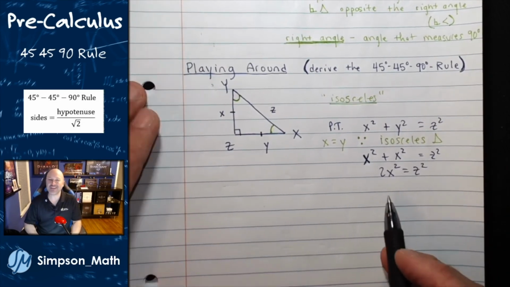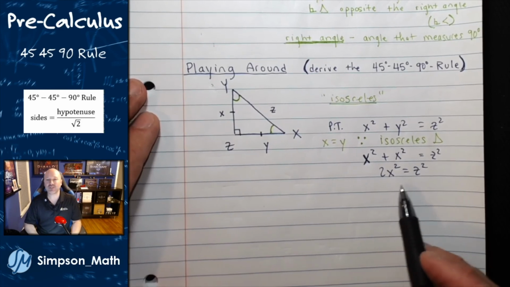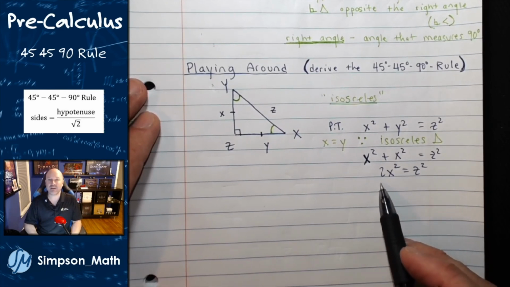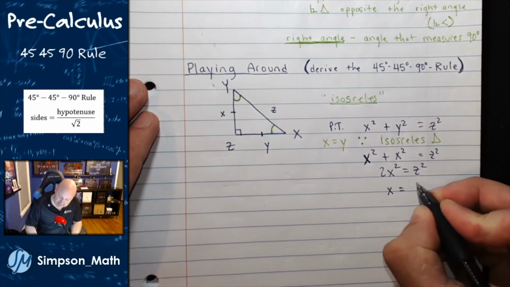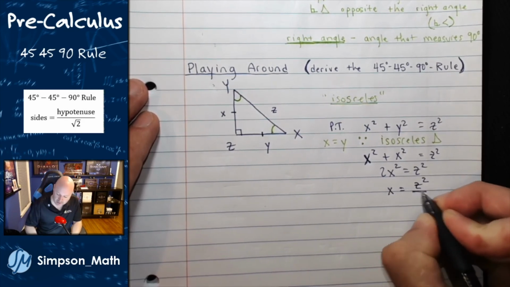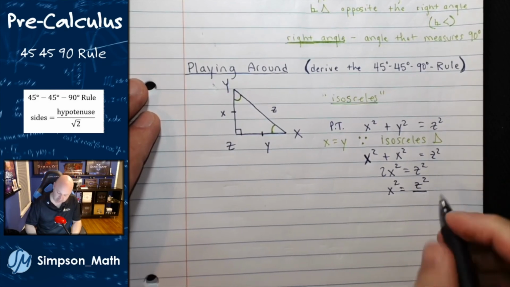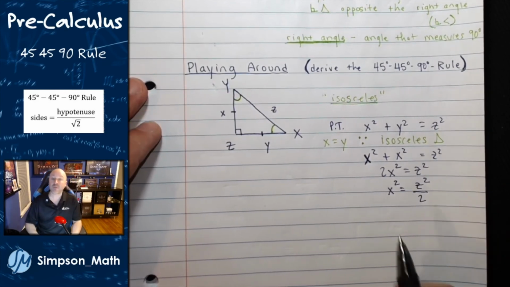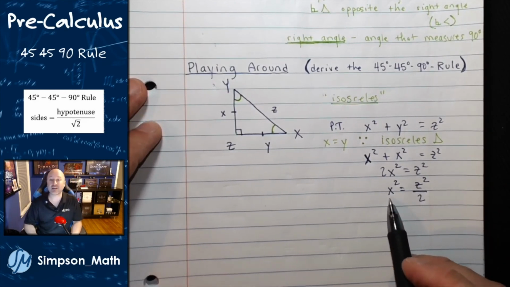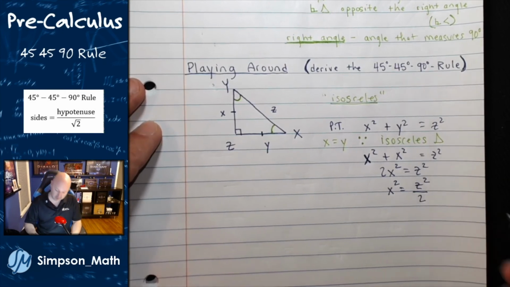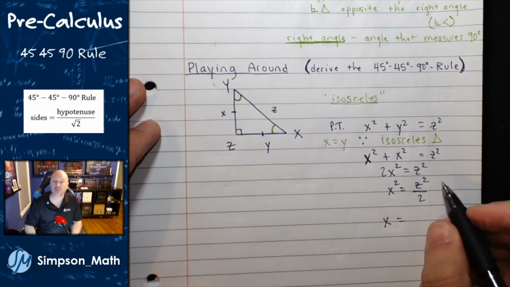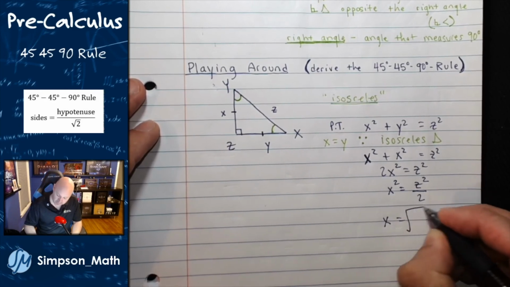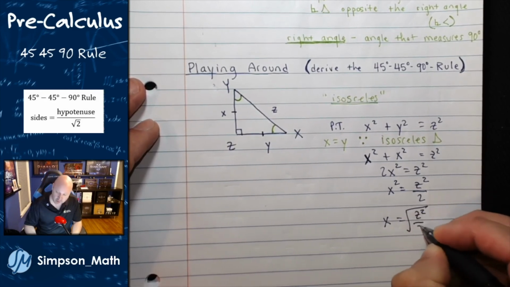Interesting, just playing around. I think I'll solve this relationship for x. So I'm going to divide both sides by 2. So x squared is equal to z squared over 2. And then if I want to solve for x, I can square root both sides of the equation. So x is equal to the square root of z squared over 2.